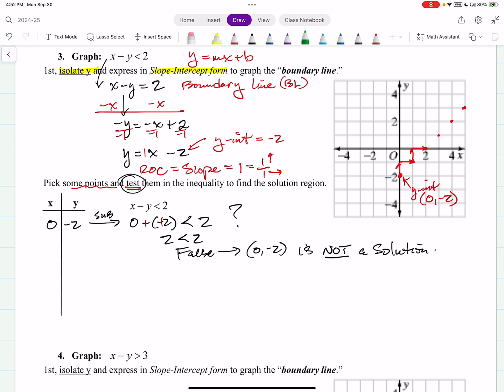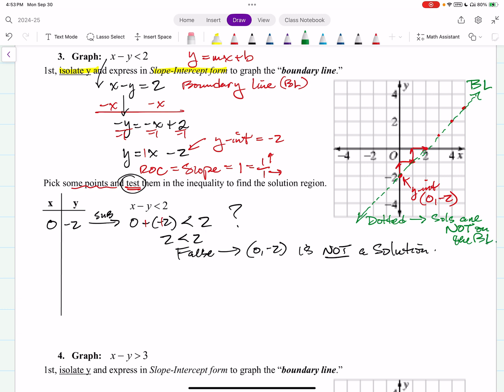So we need to use a dotted line to represent that. When you're drawing a line through these points, this is called the boundary line. We're going to make it dotted, because dotted means that the solutions are not on the boundary line.